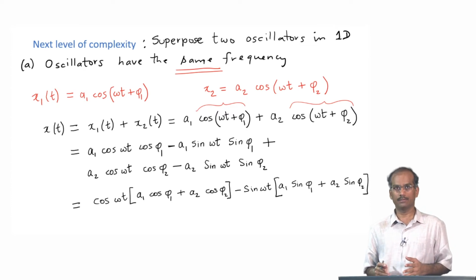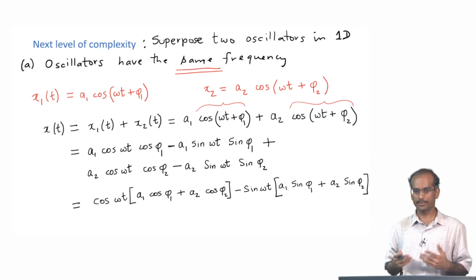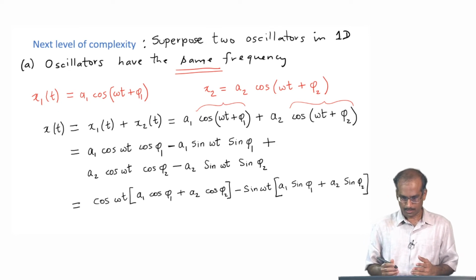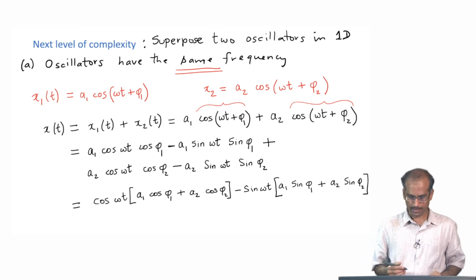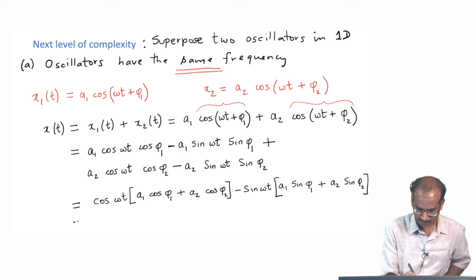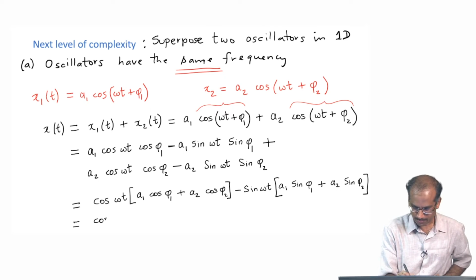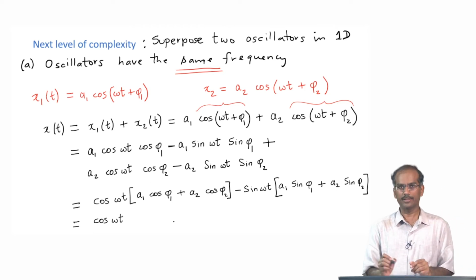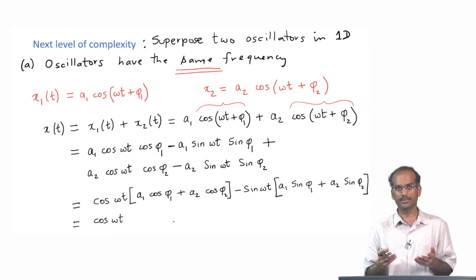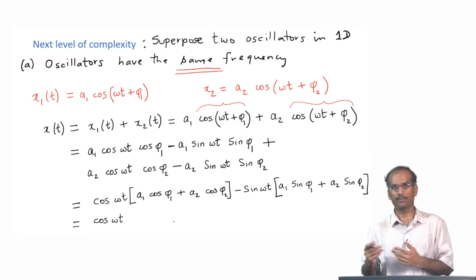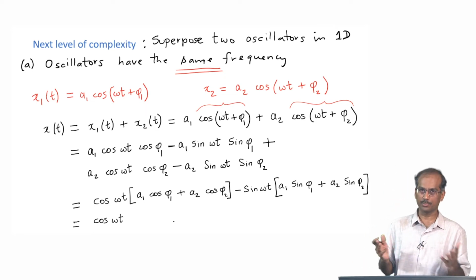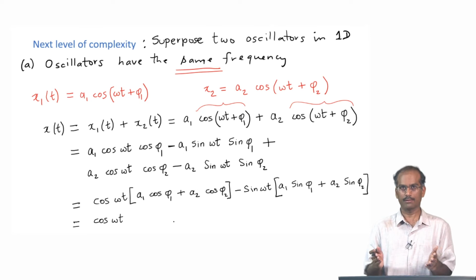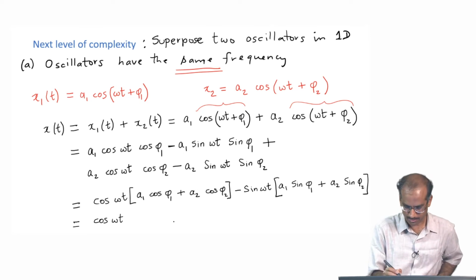So, I know that when I combine two oscillations, I need to get another oscillation. So, looking for such a solution, let me do the following. It is cos omega t here, but you will notice that the quantity within the bracket is entirely a constant. A1 is amplitude, A2 is amplitude, both are constants, phi 1 and phi 2 are two different phases, both are constants. So, the entire quantity within the bracket is a constant.